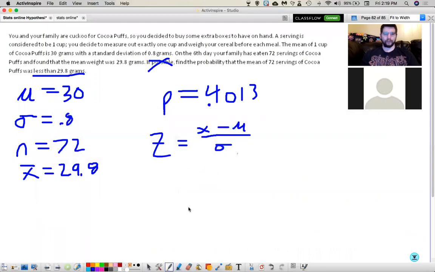So that's what we do. Divide our sigma by square root of n. Anytime n is not 1, or even if n is 1, because it's not going to make a difference, that's what you use. Okay, so that's 29.8. So yeah, I think I'll say something like, give me the standardized z-score and find probability, because I want to make sure you can do this.